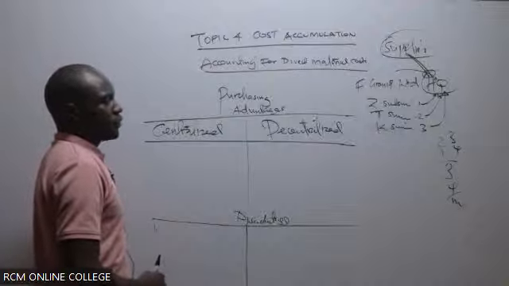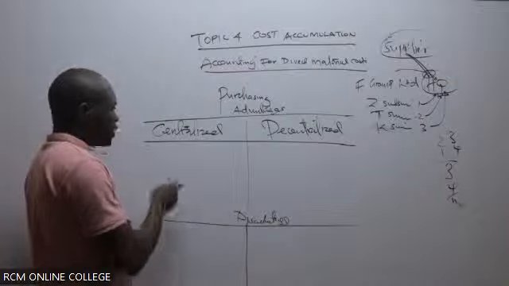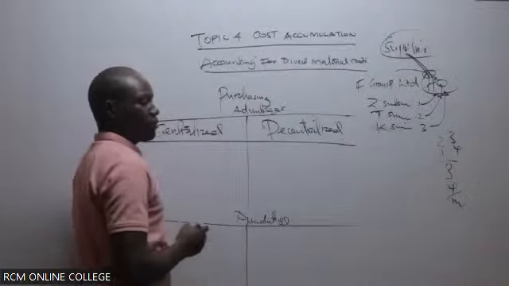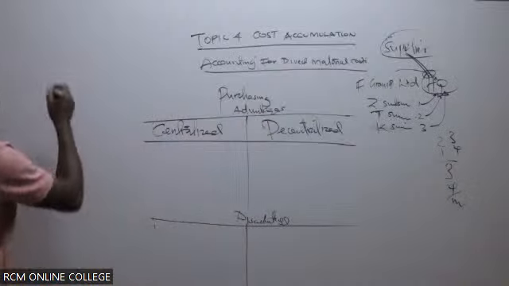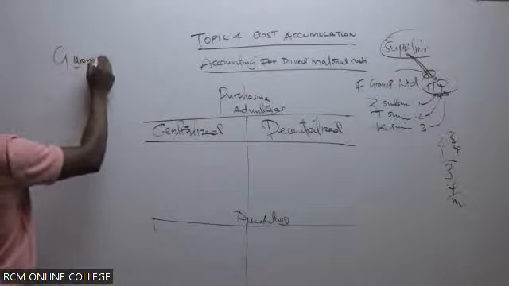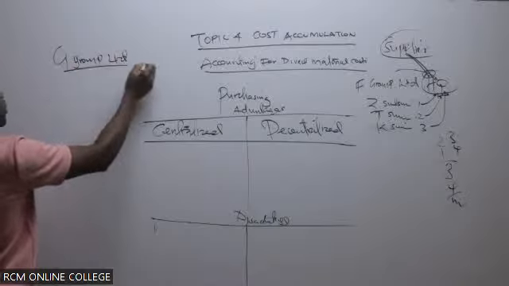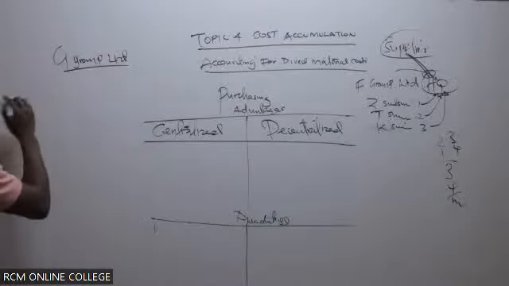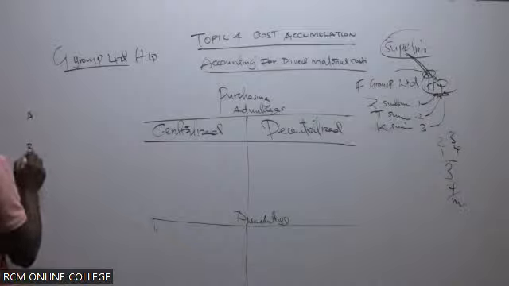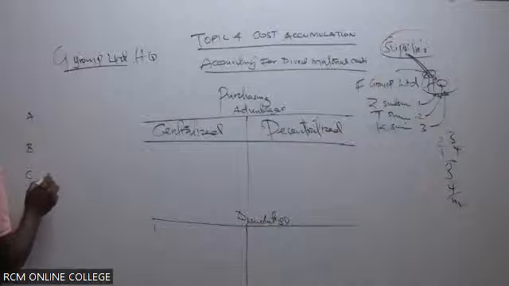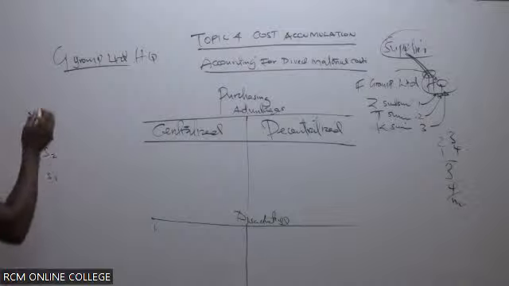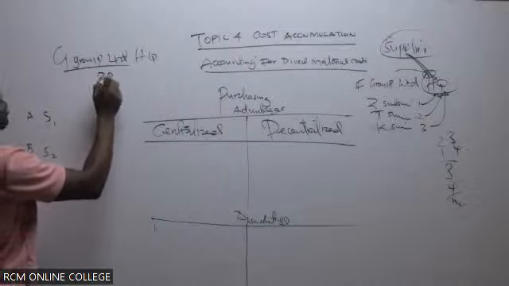That's one of the disadvantages of centralized. If I come to decentralized, we have G Group Limited. G Group Limited has got subsidiaries. So this is the headquarter. It has got subsidiary A, subsidiary B, subsidiary C. So headquarter has got 3 procurement officers.